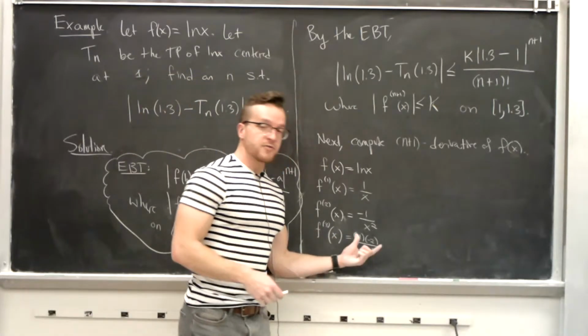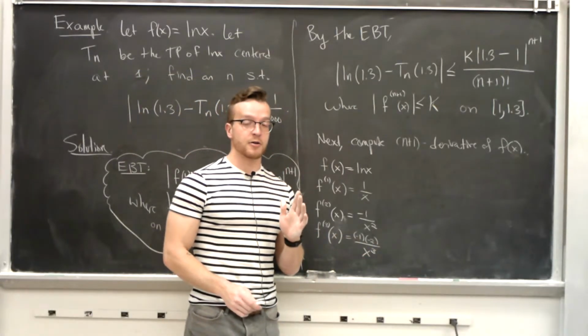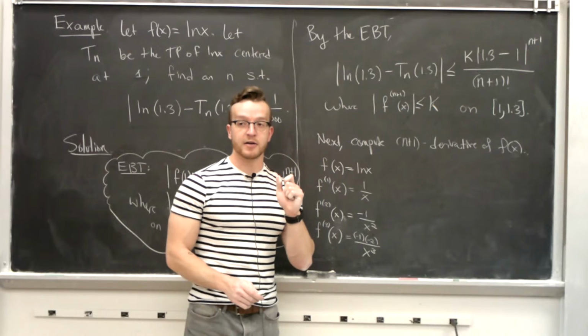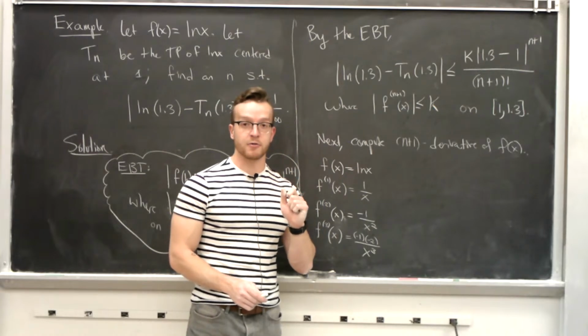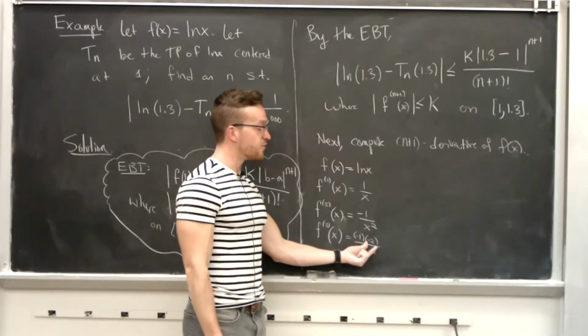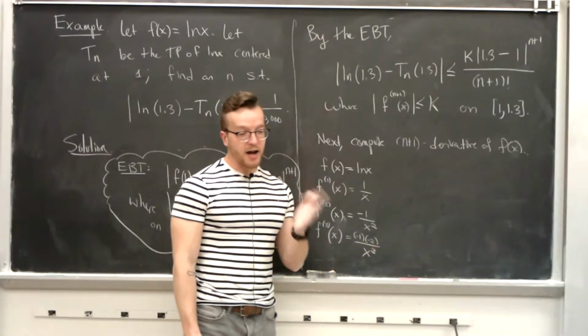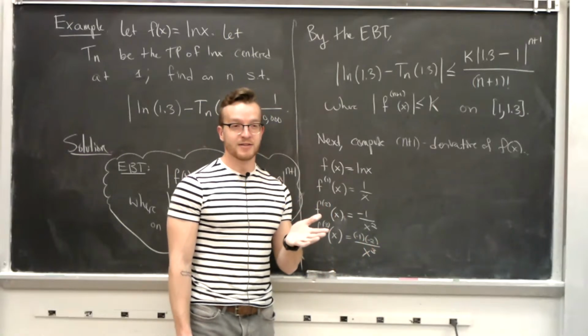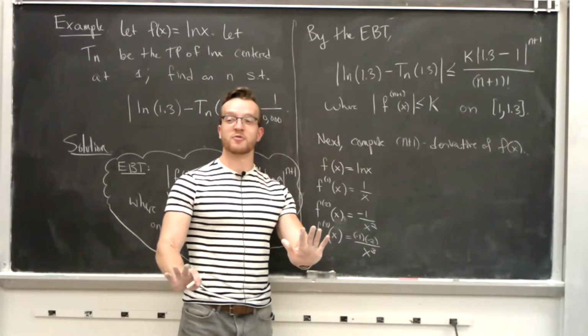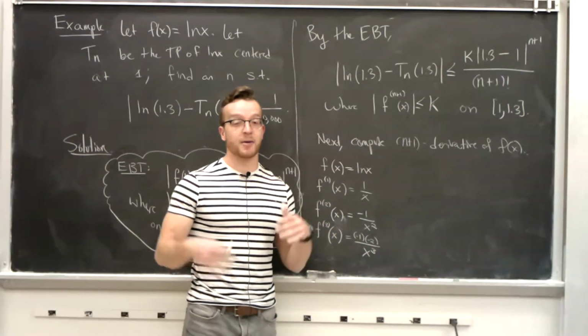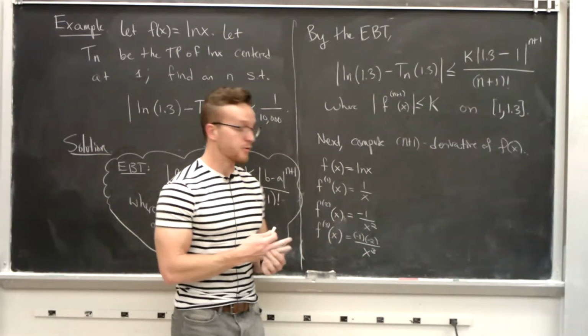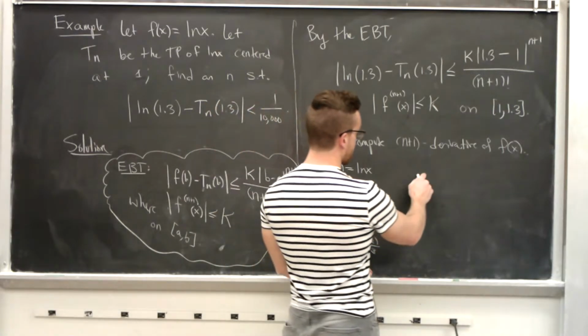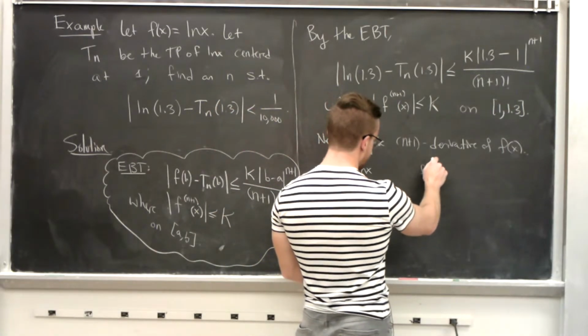Now, a lot of times when you're searching for a pattern, not simplifying is a good thing to do. So here I have negative 1 times negative 2. I know that that's 2, but I'm just going to leave it like negative 1 times negative 2 because that may help me see the pattern a little better. So let me do a couple more just because I'm not sure I see it yet.